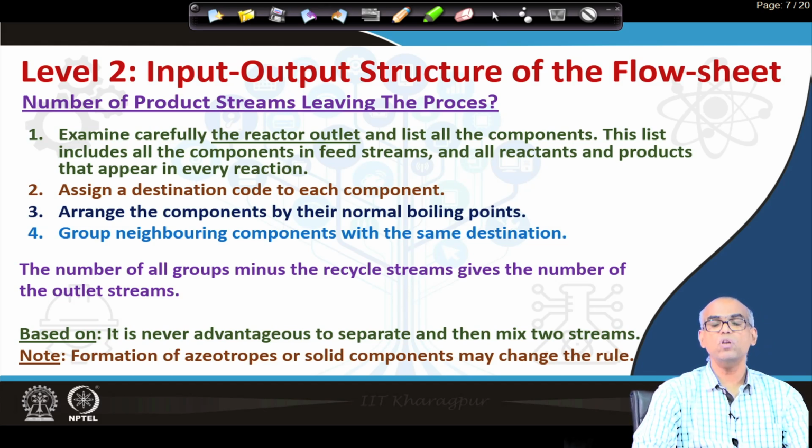This is based on the idea that it is never advantageous to separate and then mix two streams. There is no point. You do not separate two streams and again mix them. However, formation of azeotropes or solid components may change this rule.